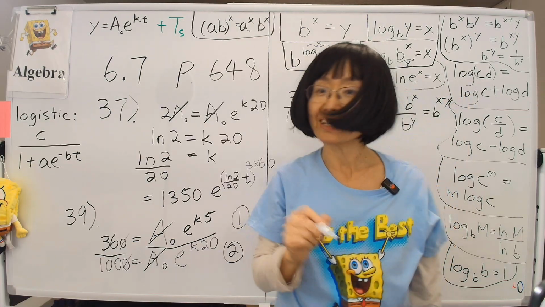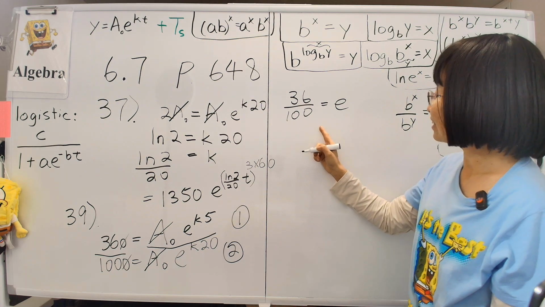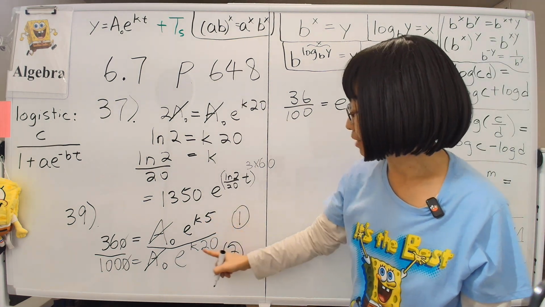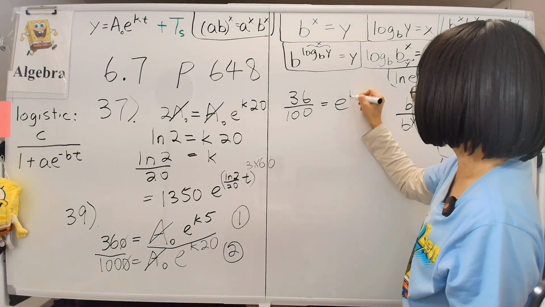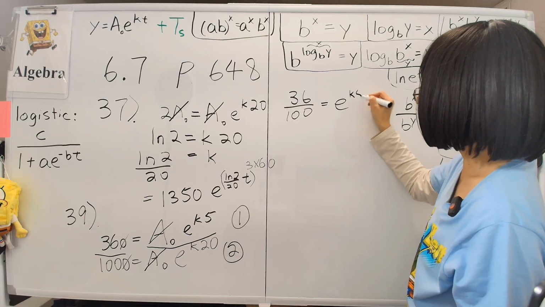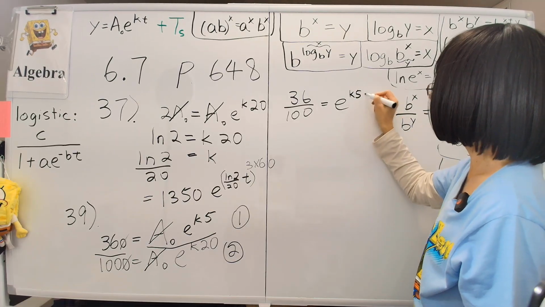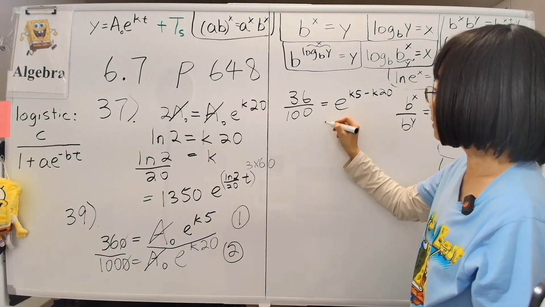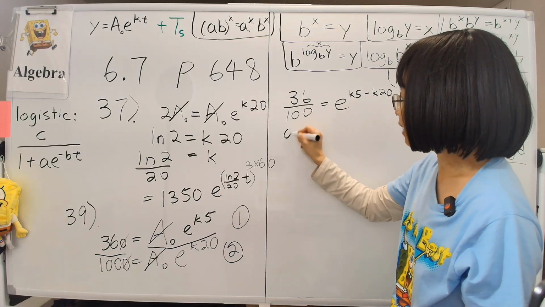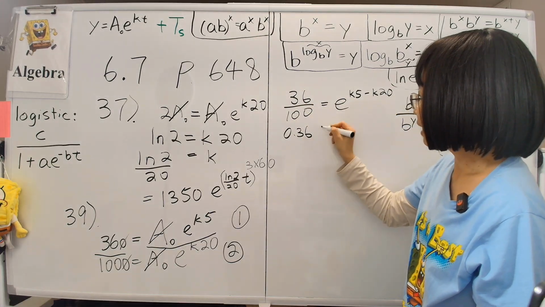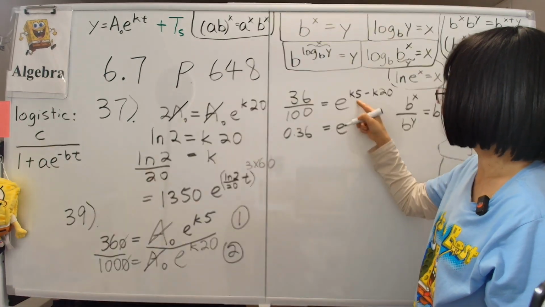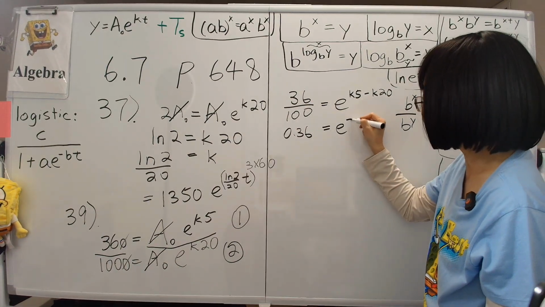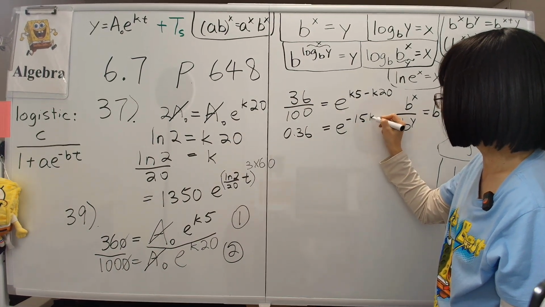That is quite packed, but anyway, so then we're going to do e to the power k5, that's 5k, minus k20. And we'll write the left side as 0.36. And this is going to be e to the k times 5 minus 20, that's negative 15k.